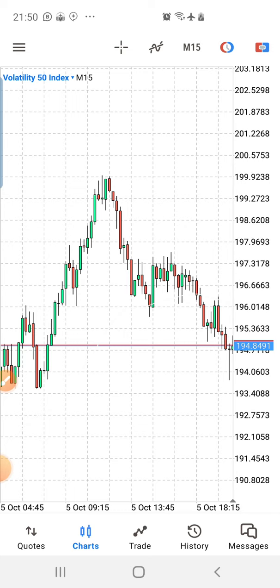Now, what I want you guys to do also, in order to take quality trades with this pattern, is to consider the trend before looking out for this pattern. Before you start looking out for M pattern, first of all, go to a higher time frame like 4 hours time frame to see the trend.